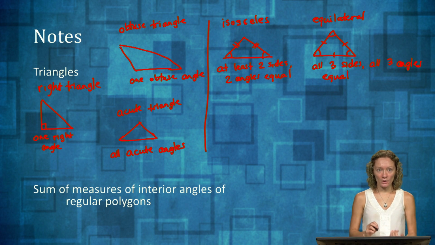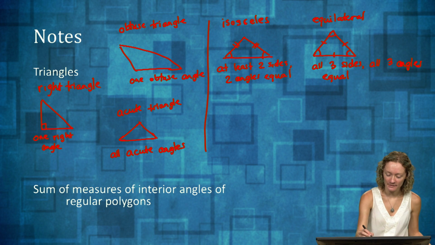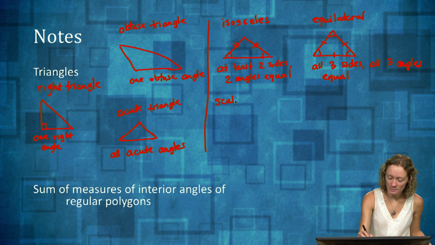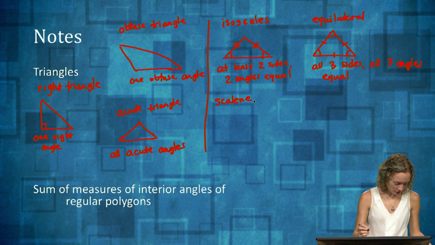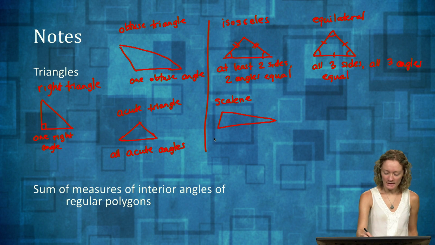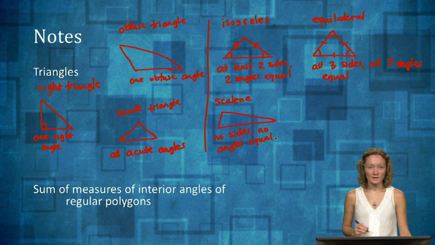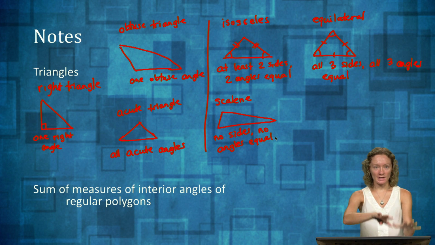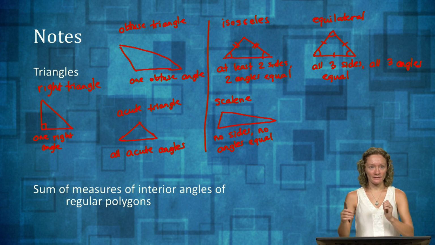And then the third one is if none of them are the same. And this would be called a scalene triangle. My example is definitely not perfect. It has no sides and no angles equal.